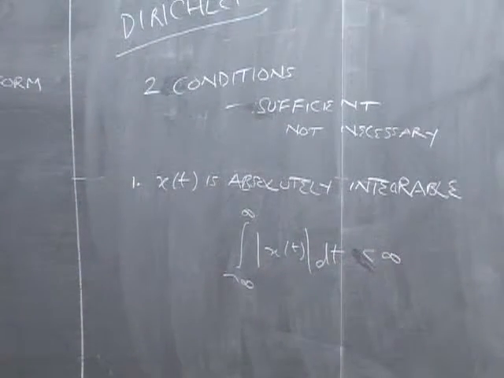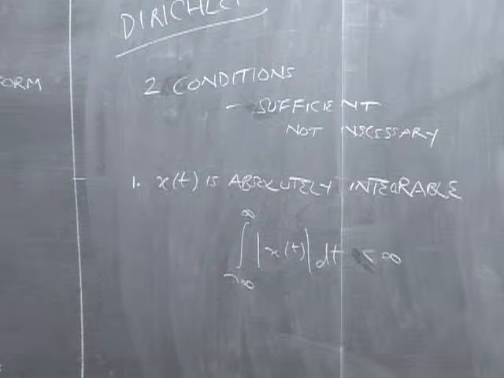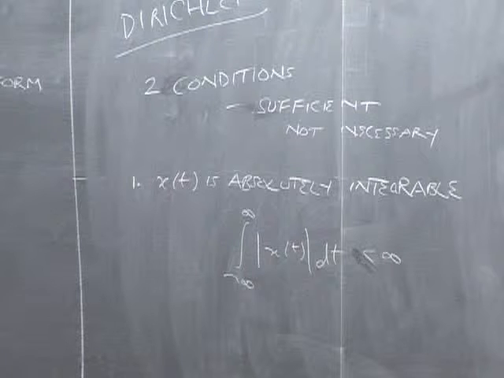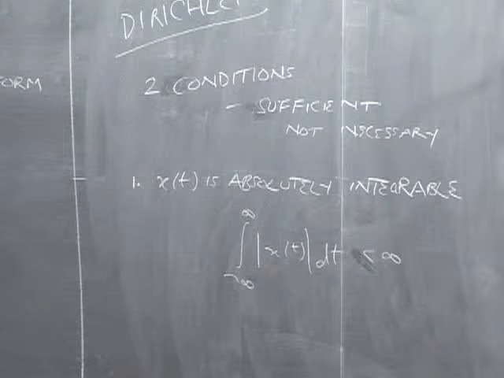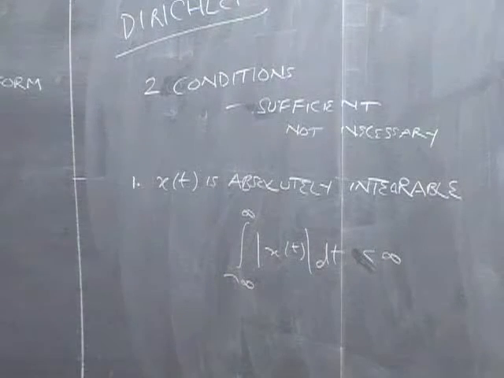So in other words, the total area under the curve, the total energy in the signal, if you can think about that, is going to be finite. You can't have an infinite amount of energy, so you can't have a signal that keeps growing over time. It has to be finite.